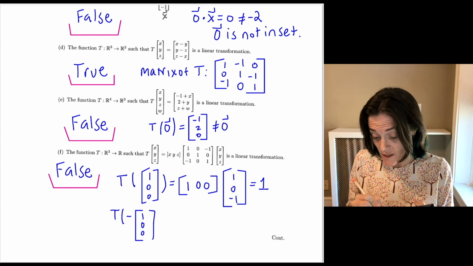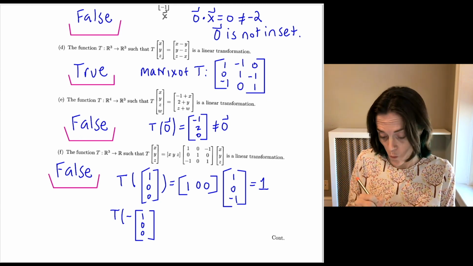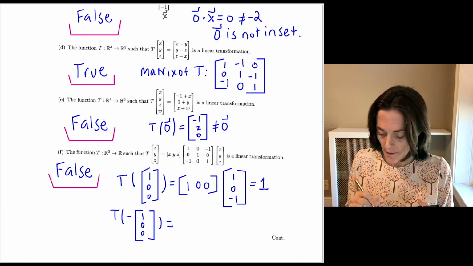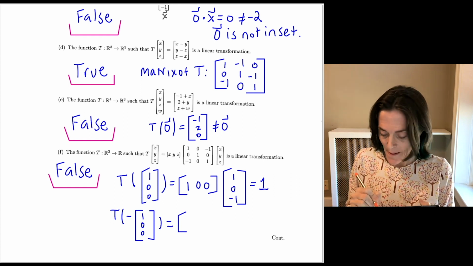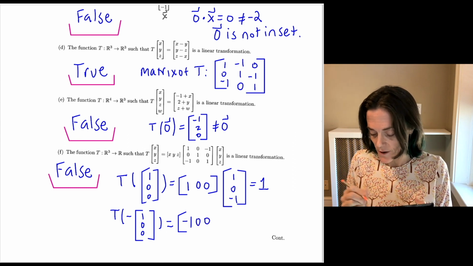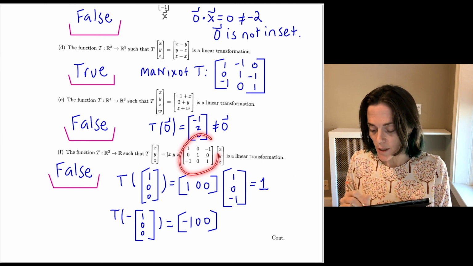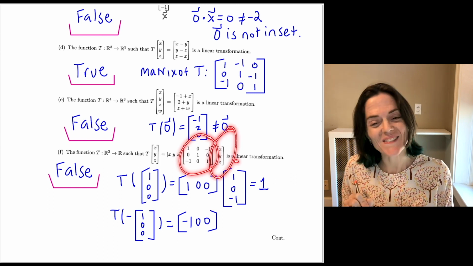If this is a linear transformation, this better be -1 from properties. Well, let's calculate. This would be -1, 0, 0. Now, take this matrix times -1, 0, 0.